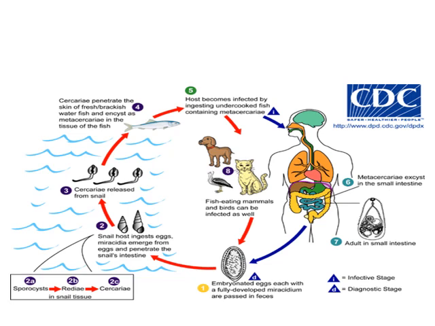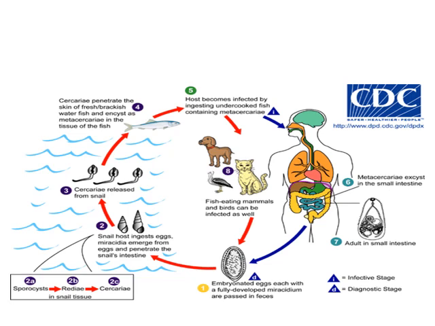Now it undergoes several developmental stages: sporocyst, redia, then cercaria. Now the formed cercaria will be excreted out from the first intermediate host to be free in water. Then it will search for the second intermediate host, which is fishes. The cercaria will penetrate the skin of a fresh or brackish water fish and encyst as a metacercaria.